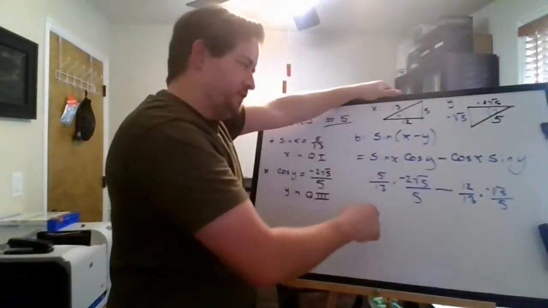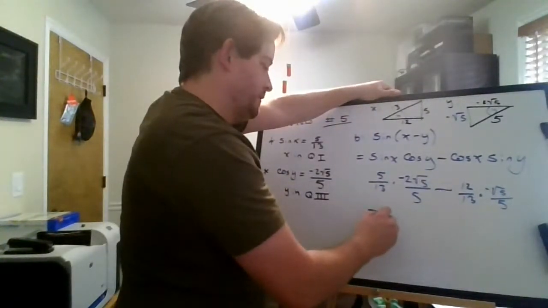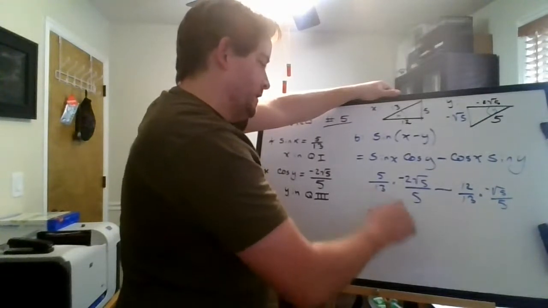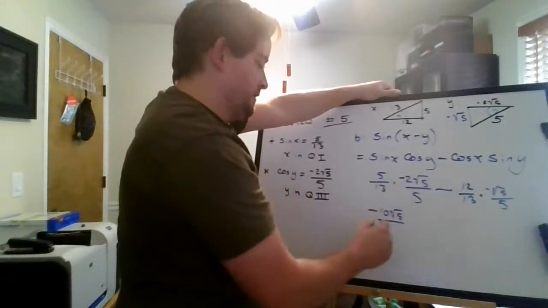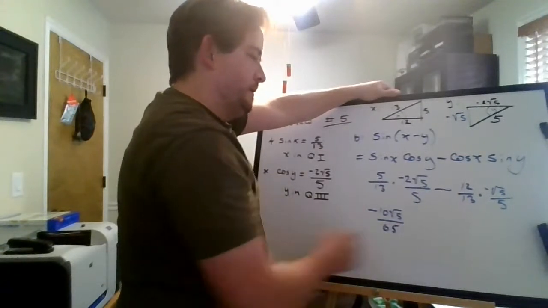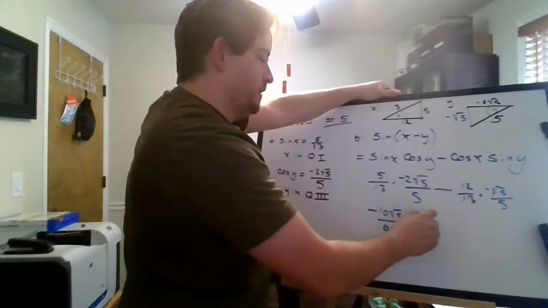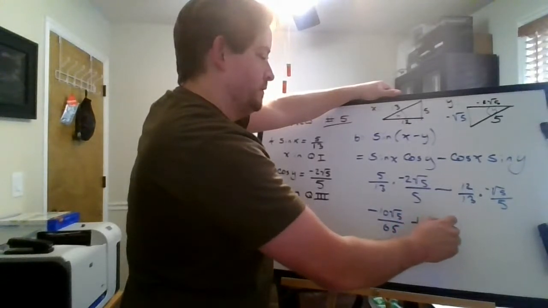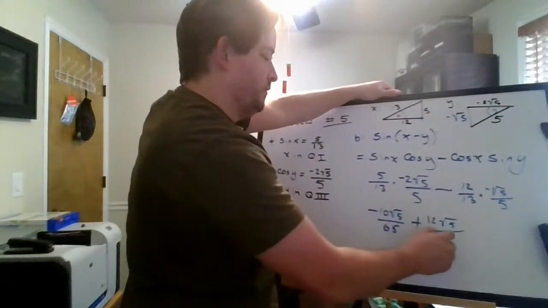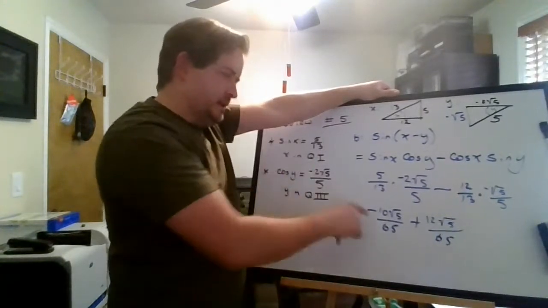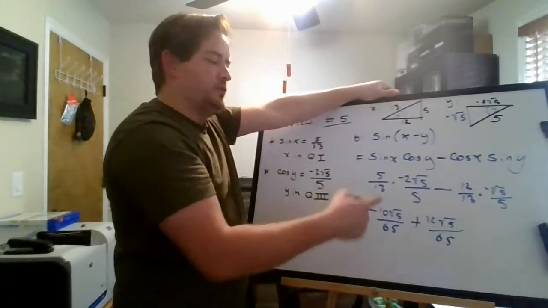And so I have on the left negative 2 root 5 over 13 times 5, 65. Minus minus goes plus again, so I have 12 root 5 over 65. I can combine these. Negative 10, positive 12, that's 2.